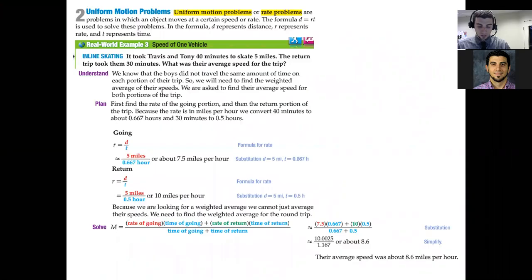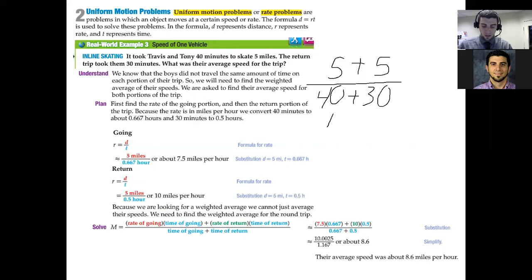So we'll put that there. Plus the rate of return times the time of return. Well, the rate of return times the time of return is also 5 miles, divided by the time of going plus the time of return. The time of going was 40 minutes, plus the time of return was 30 minutes. So you would have 10 over 70.